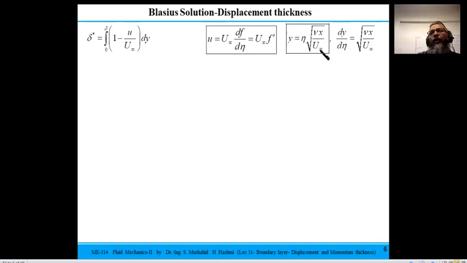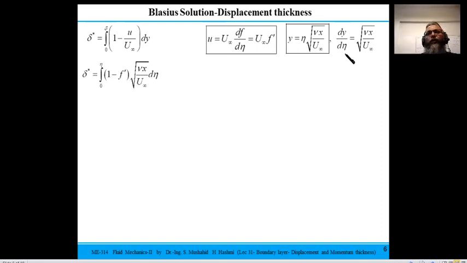So here, what I need is to convert this dy into d eta. So I need to differentiate y with respect to eta. The whole thing is constant, so it would be just like 2 eta, then it would be this 2. It would be your dy over d eta.